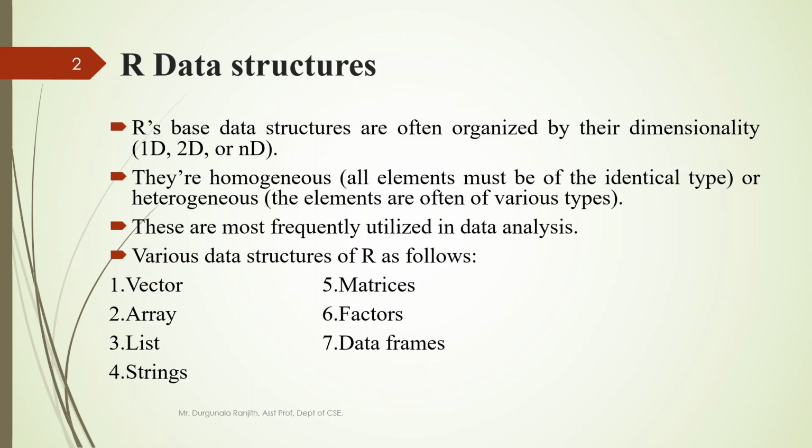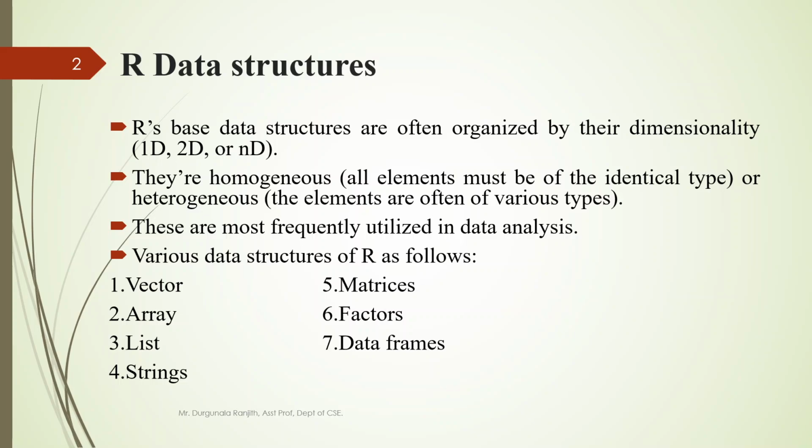Normally R programming supports different types of data structures, and those data structures can store data in one dimension, two dimensions, or n dimensions. Some data structures store data in a one-dimensional representation, and some use a two-dimensional or multi-dimensional representation.